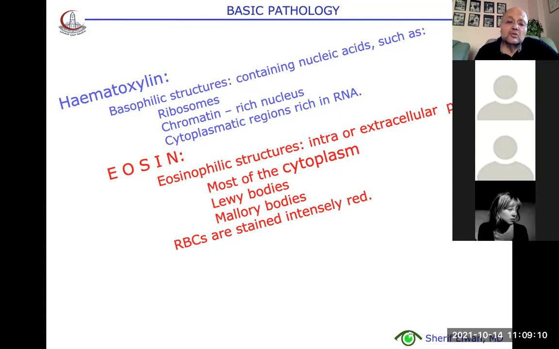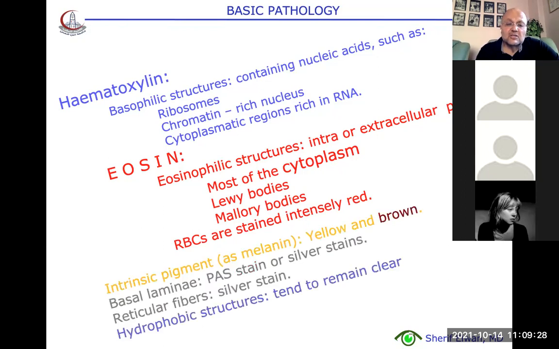And we should know that RBCs are full of a pigment themselves. RBCs are full of hemoglobin, which is red itself, and it stains even deeper red, more intense when it goes under a hematoxylin and eosine preparation.